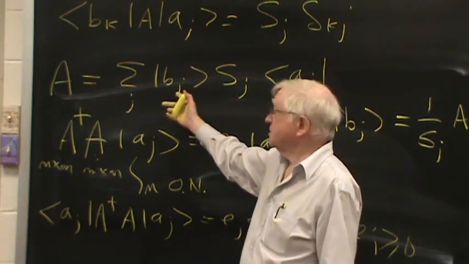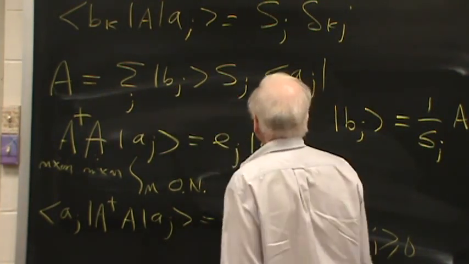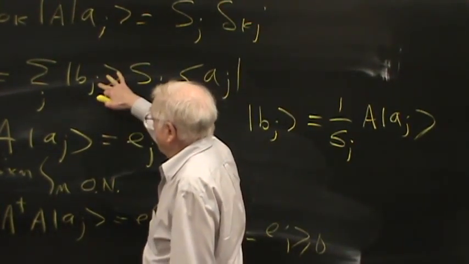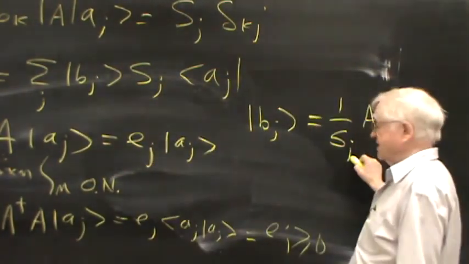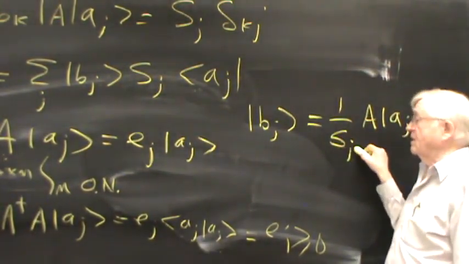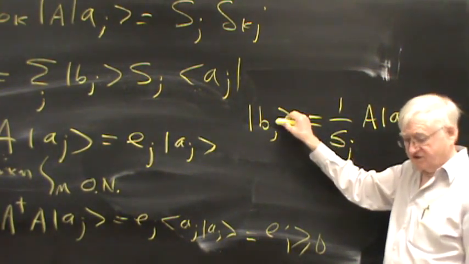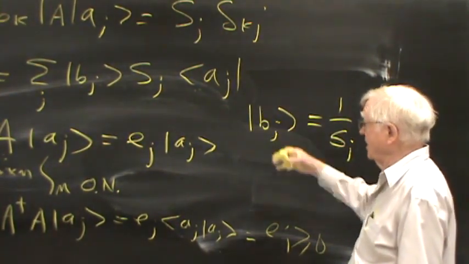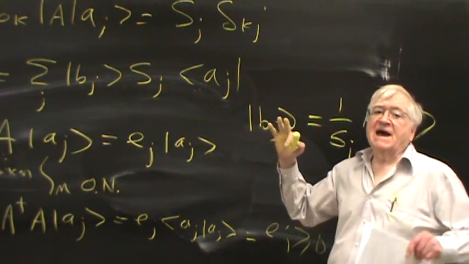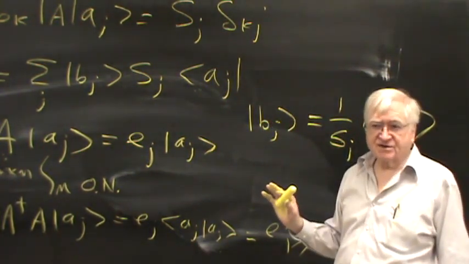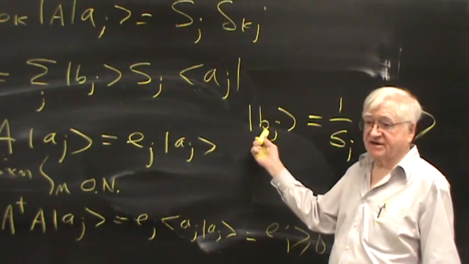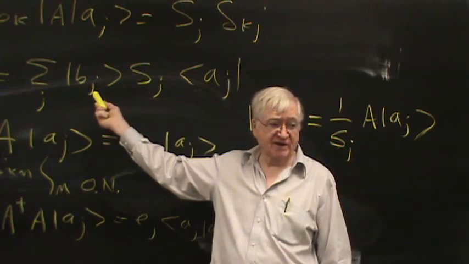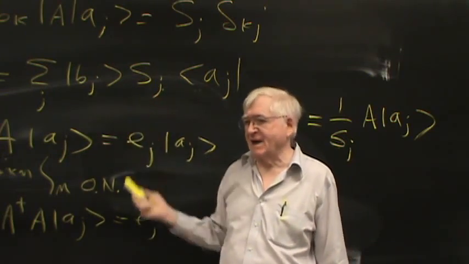So we don't really need to know what these are. For practical purposes, what one does is one finds, for the case where the sj's are non-zero, or where they're positive actually, one has the bj's. They are orthonormal to each other, and then one picks any old vectors that are orthonormal and perpendicular to these vectors to complete the set. So one could add those vectors to the sum over j there, but they're multiplied by 0, so they don't really matter.